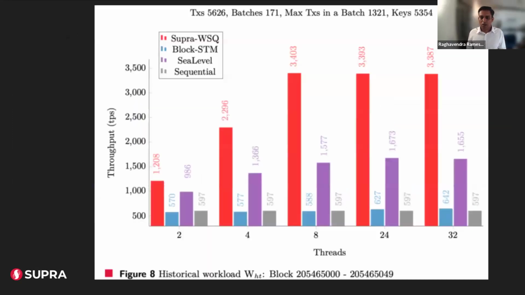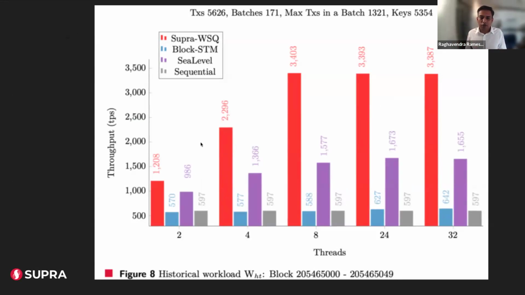Okay, and we did run experiments on multiple workloads. These are real world transactions from Ethereum. Block numbers are given here, and we looked into their state, what parts of smart contracts they are accessing, and we artificially separated them and made 171 batches here.